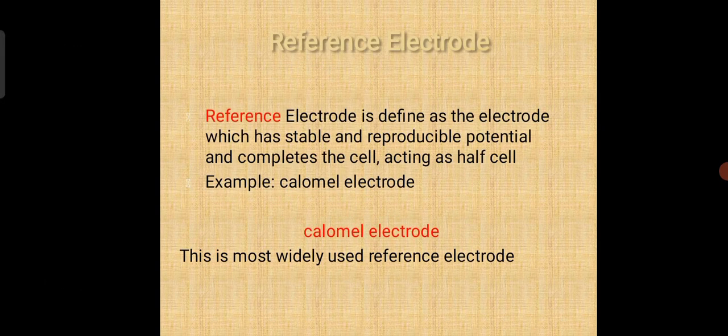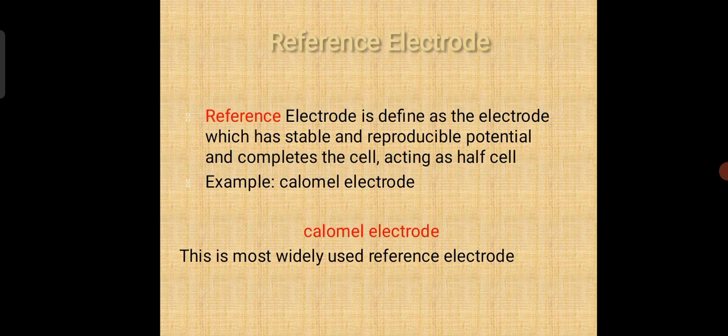Next point, the reference electrode. What do you mean by a reference electrode? A reference electrode is defined as an electrode which has a stable and reproducible potential and completes the cell, acting as a half cell.